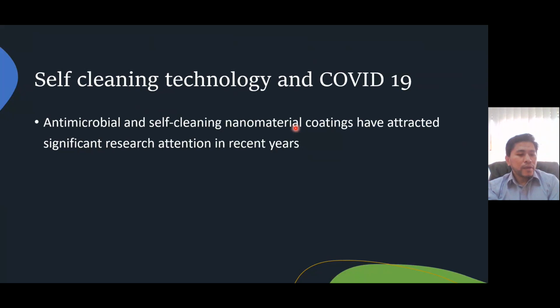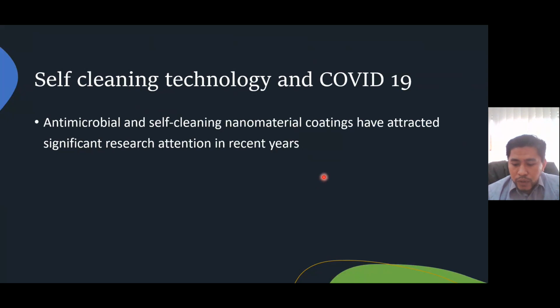Right, so now we try to associate the concept of self-cleaning technology and COVID-19. Antimicrobial and self-cleaning nanomaterial coatings have attracted significant research attention in recent years.